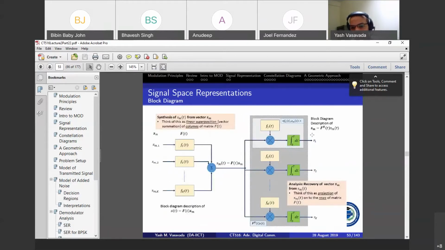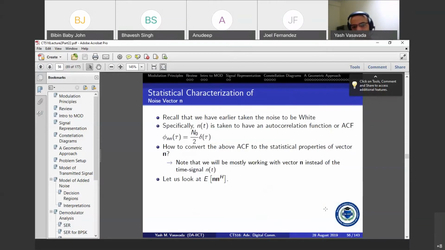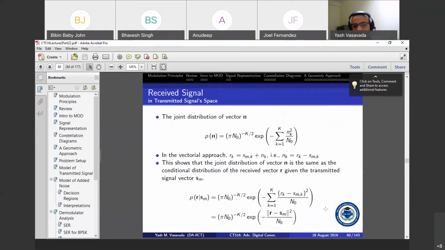We are looking at this vector R. We have already removed the basis functions from the received signal, and we got a vector back, R1 to R of K, in the presence of noise. And that individual element of that vector R is what is listed here.